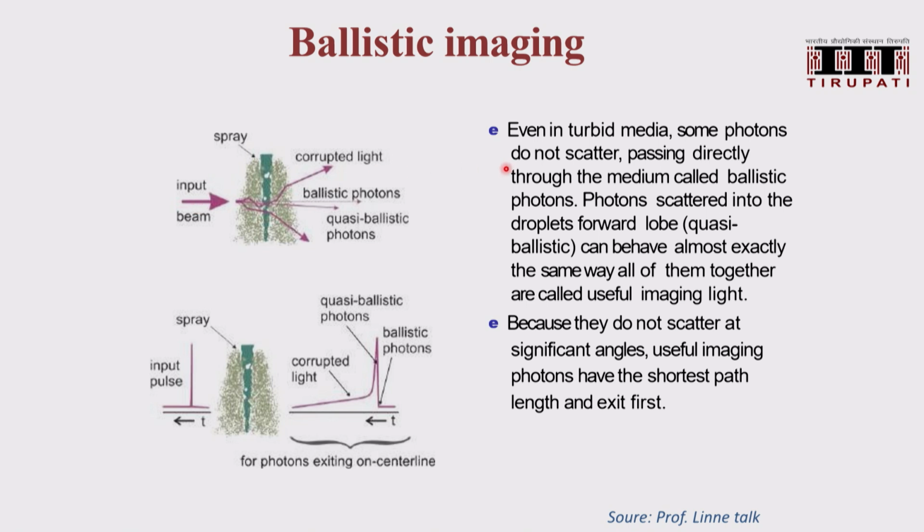Ballistic photons are the ones which go straight through, and they remove all the other photons. You can get a lot of information on that, but ballistic imaging, as I said, is based on the travel time.